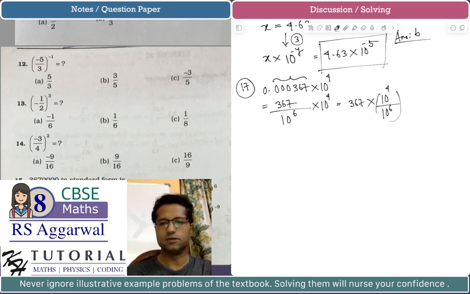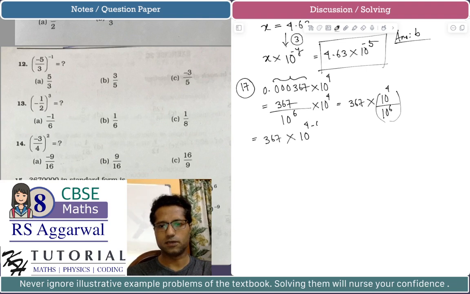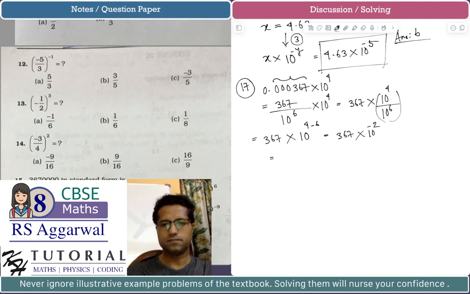From the laws of exponents, we know that 10 to the power 4 divided by 10 to the power 6 will be 10 to the power 4 minus 6. So we have 367 and 10 to the power 4 minus 6 is 10 to the power minus 2. So this is equal to 367 divided by 10 squared.